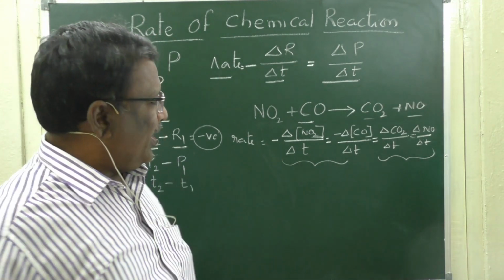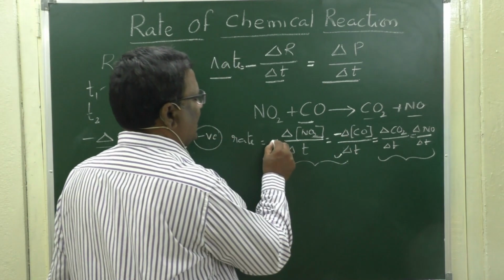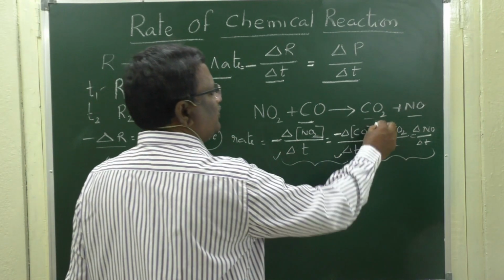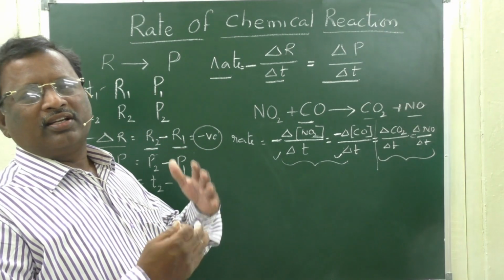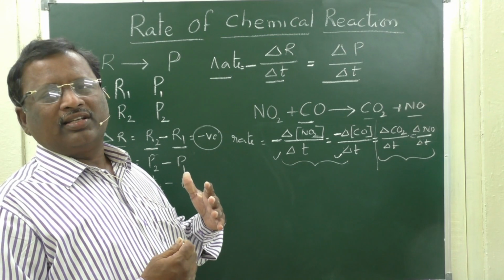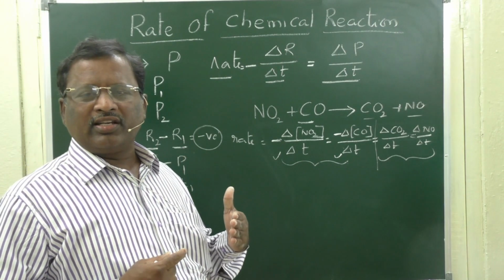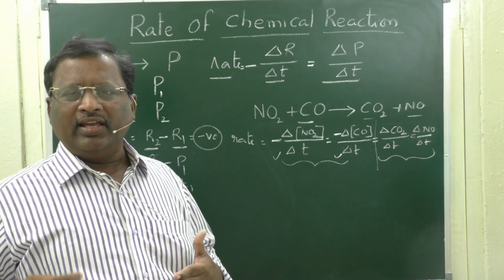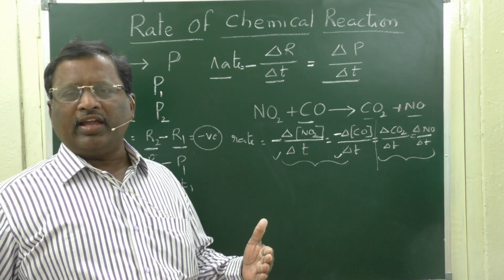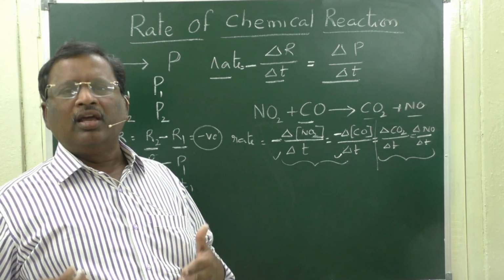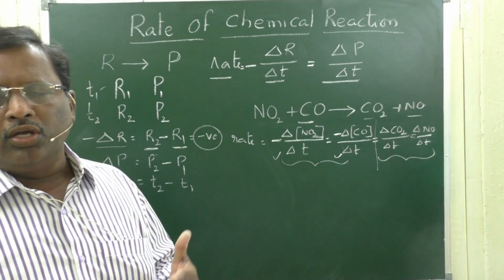So while expressing the rate with respect to reactants, we use a negative sign. With respect to products, we use a positive sign, because the products' concentration is increasing and the reactants' concentration is decreasing. When it is decreasing, the final concentration is always less than the initial concentration. So delta of concentration of reactants means final minus initial. Since final is less than initial, the delta R value will be minus.